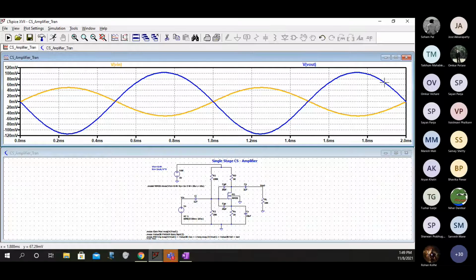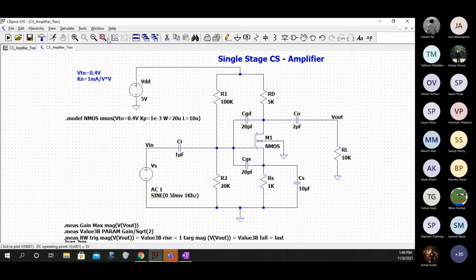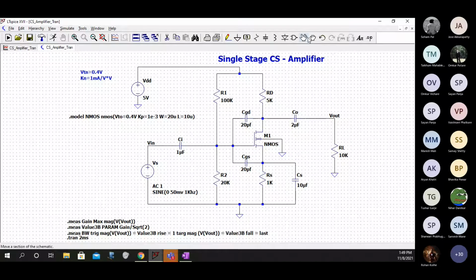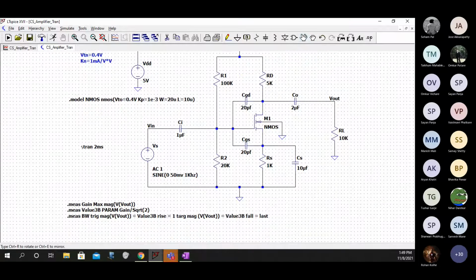So now you will simulate this circuit using the transient analysis using the .tran command. So this is the .tran command. I will just show that to you.